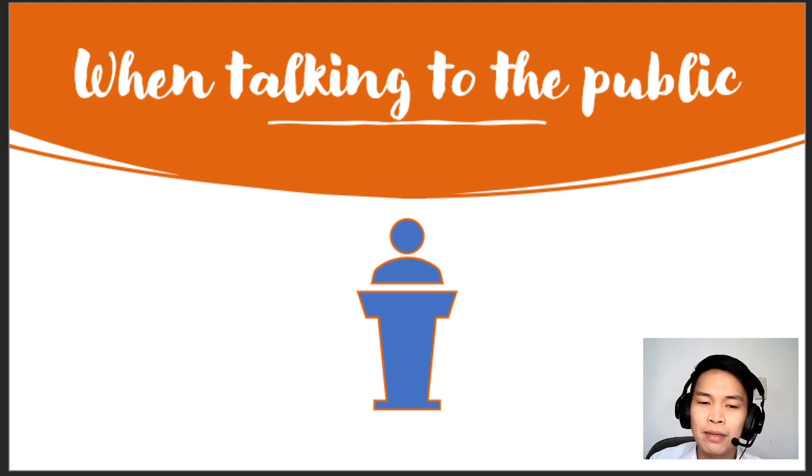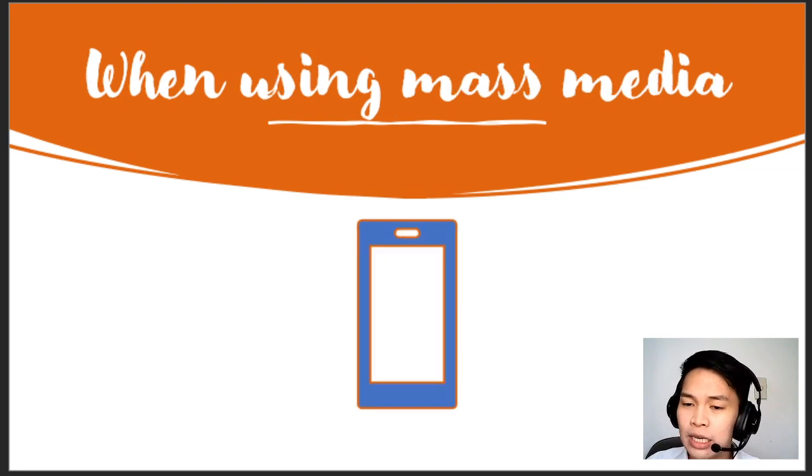When talking to the public, there's a lot of preparation needed, from analysis of your audience to your script and to practice and everything. So we have a different discussion on this when we reach the principles of speech delivery. And when using mass media, of course you have to think before you click. You have to share something sensible, something beneficial for the society, and not just rant.